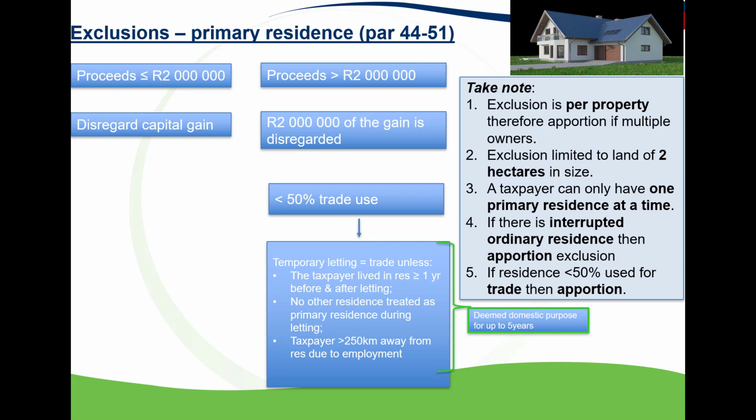If the taxpayer was, for example, seconded on a certain project for about 3 years, meaning they were away, working, for example, in Gauteng when their primary residence is in the Northwest. They worked in Gauteng for a period of about 2 years.